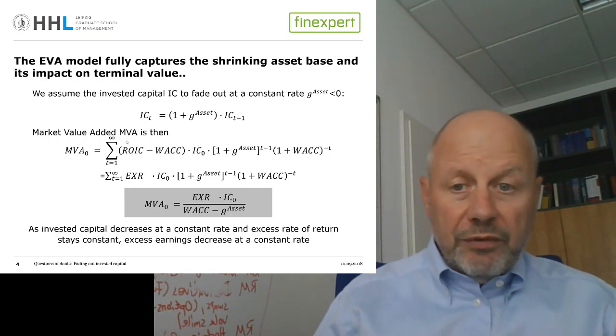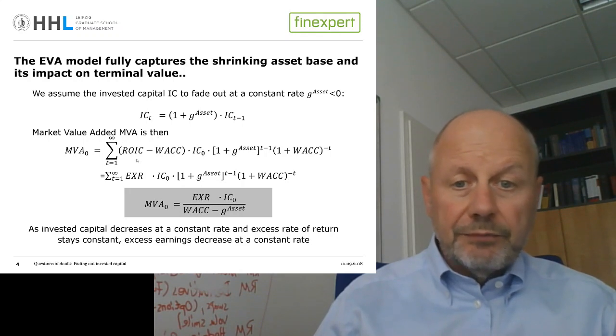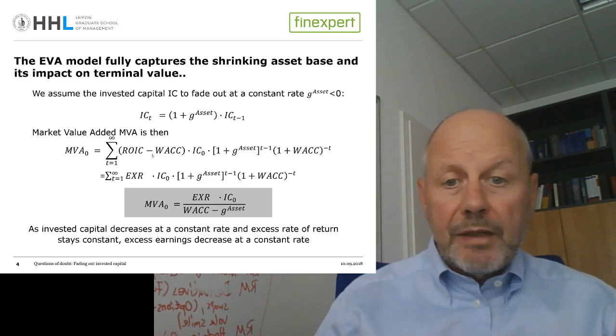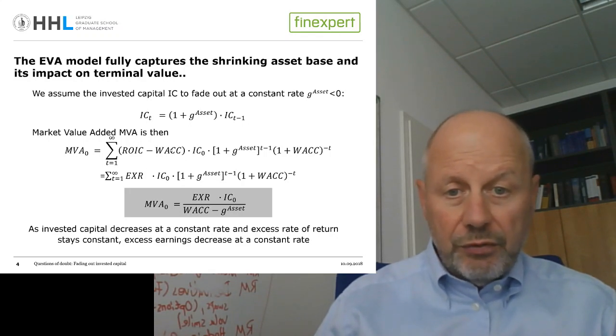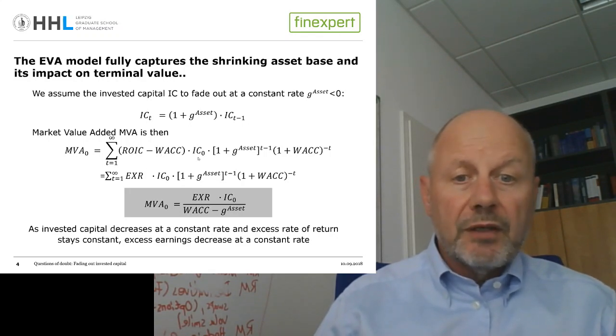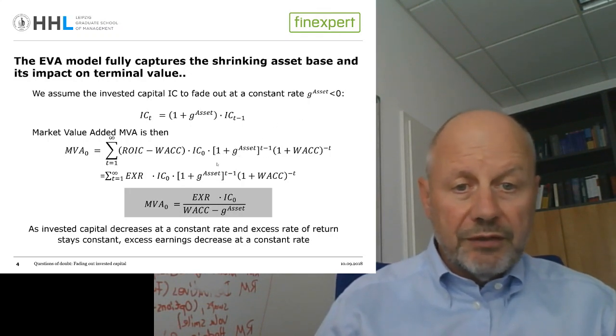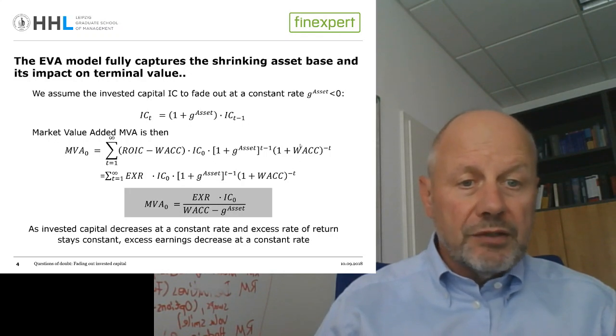That is important for the calculation of our market value added, because here you see the market value added again being the present value of all future excess earnings. You see here this is the excess rate of return, ROIC minus WACC. This is the invested capital, and now we say every period our invested capital declines at a constant rate G asset, and so this is reflected in this factor here, and this is the discount rate.